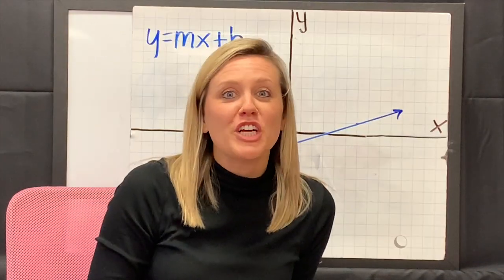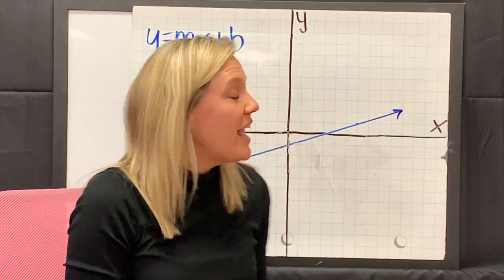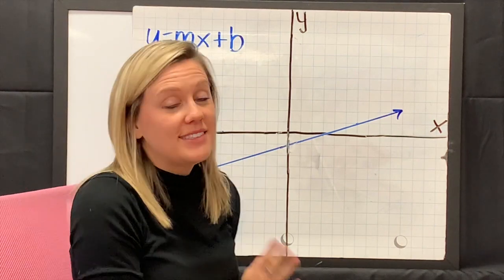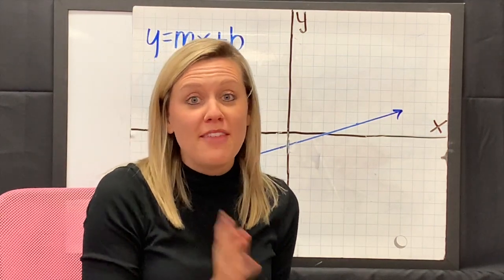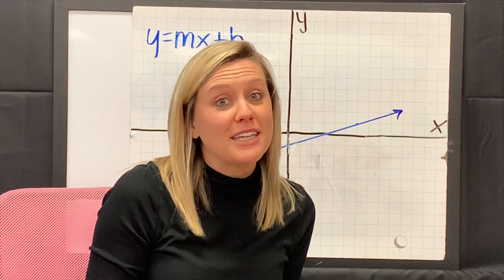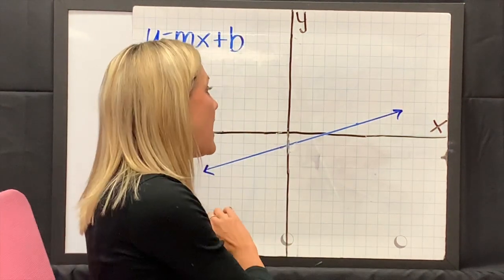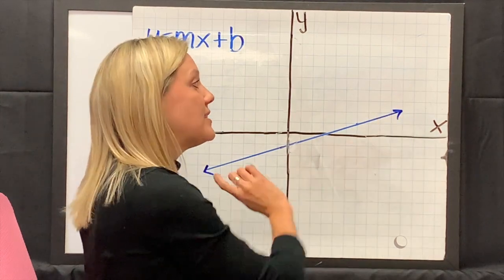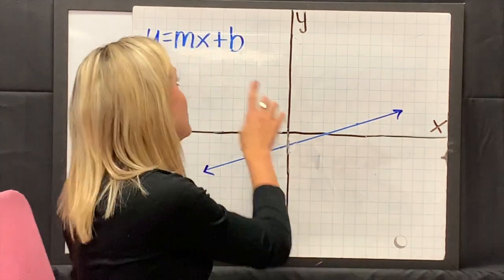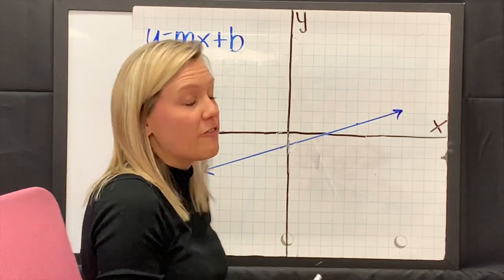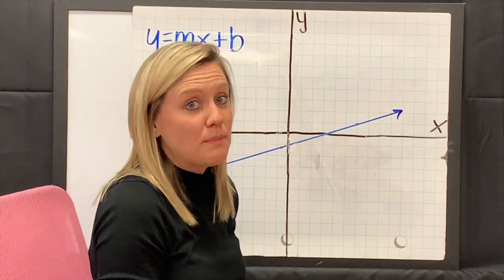Let's do one more. All right, here is my last line. And if you want to pause the video and see if you can make your own equation and then check back to see if we got the same answer, feel free. Here we go. So right away, I noticed the slope of this line is going to be positive. So the number here that's going to go in front of my x, that is going to be positive.